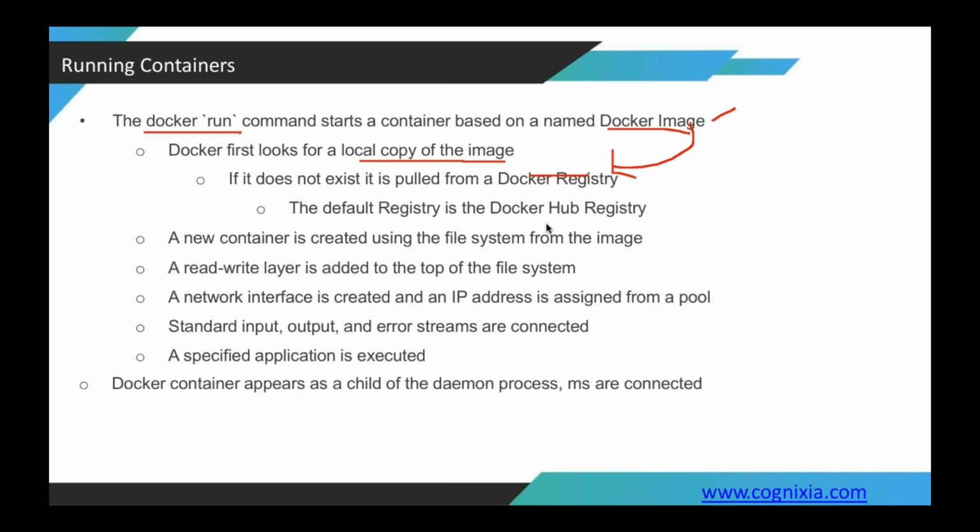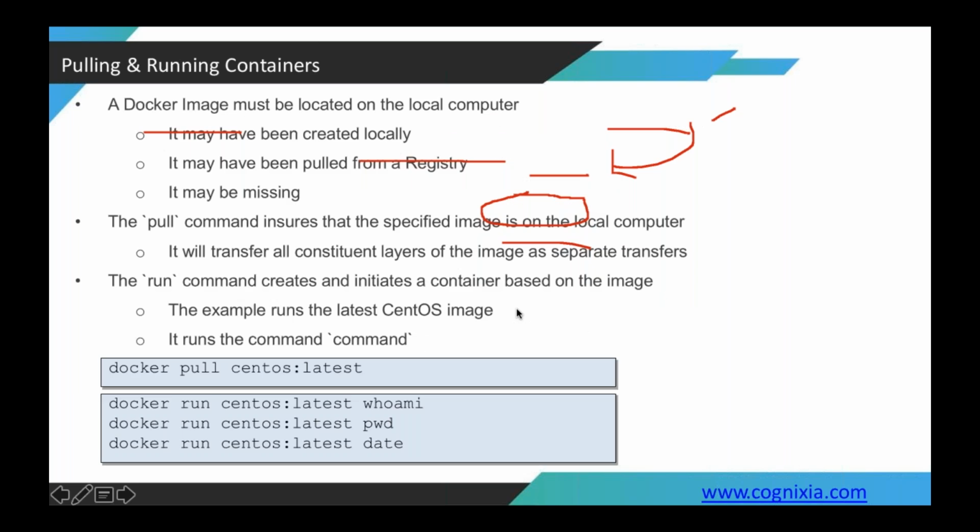Now it's up to you. If you want to query the Docker registry, by default it's going to go to the Docker Hub. If you are not going to specify anything, it will go to the Docker Hub. But you can create your private registry as well, and if you specify that private registry, then instead of going to the Docker Hub, it will go to your private registry. Whenever we create a container, an IP address will be assigned to that container.